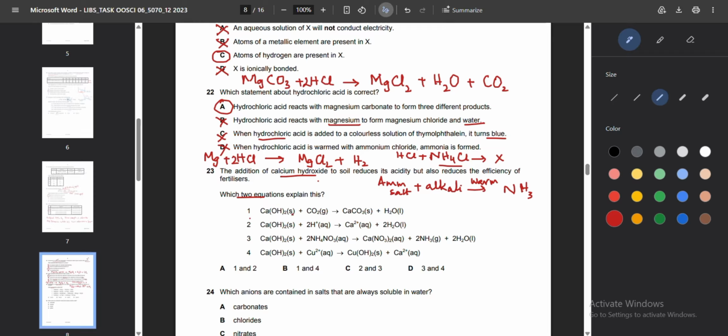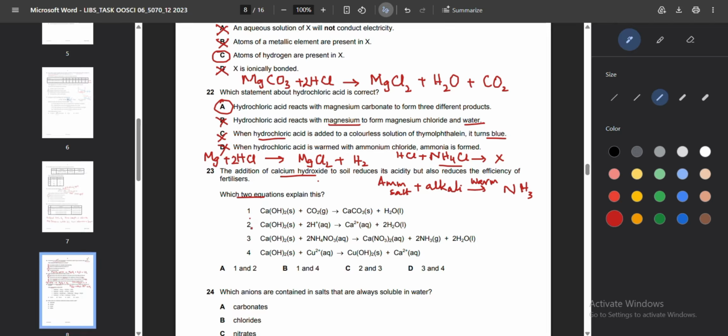But when this calcium hydroxide reacts with fertilizers, it releases ammonia gas, due to which the nitrogen content of the soil can decrease and you can say it reduces the efficiency of the fertilizers.